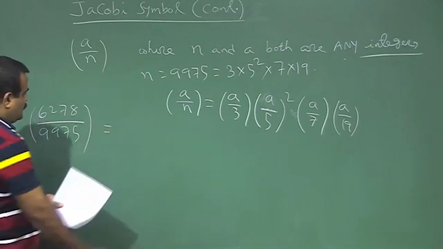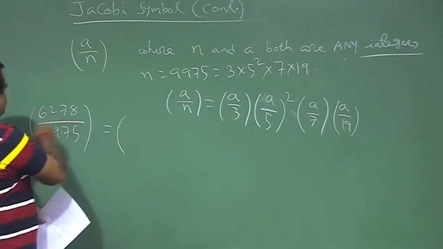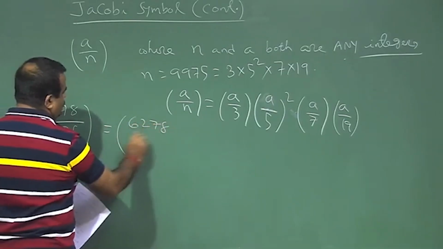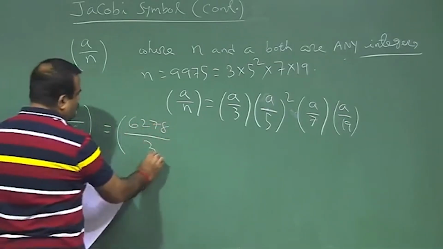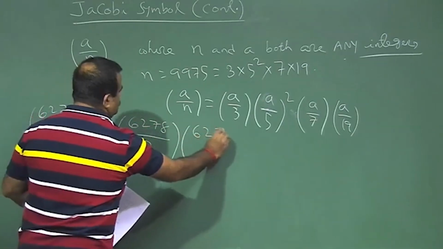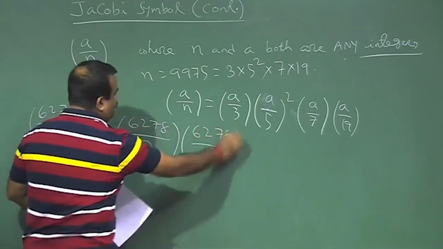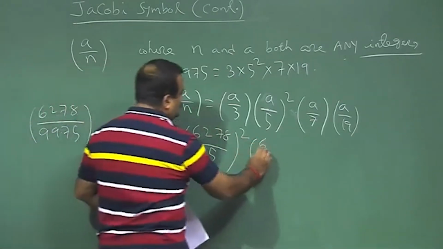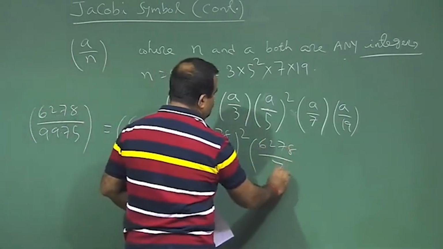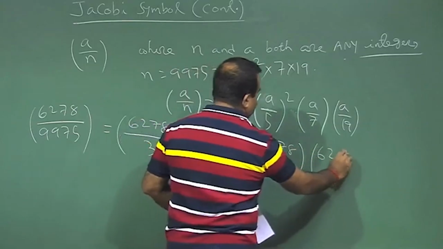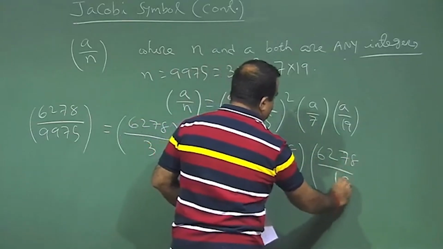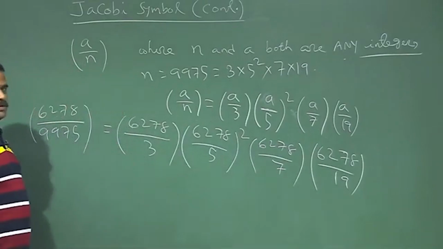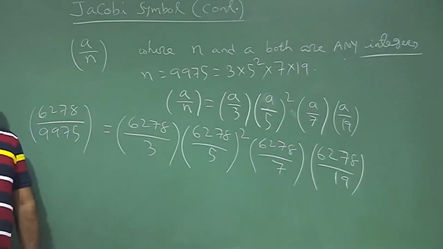So if we use this, a is basically 6278. So 6278 by 3, then 6278 by 5 square into 6278 by 7 into 6278 by 19. Okay. So now we have to use some properties of this Jacobi symbol.